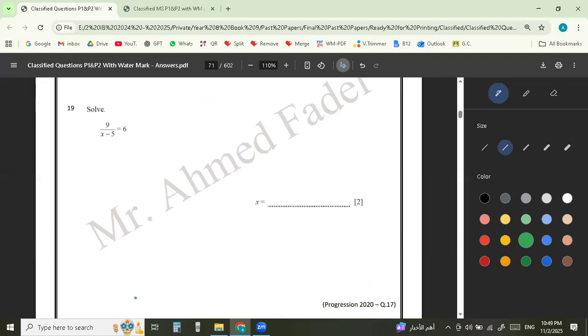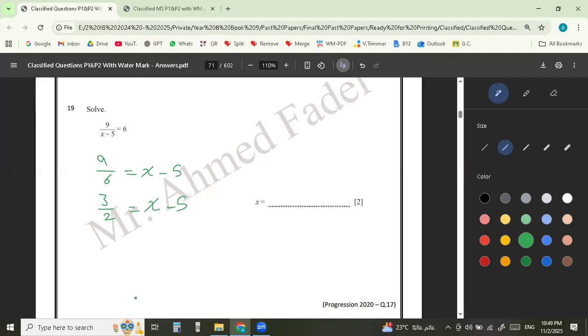Solve. Okay, we agreed if the variable is in the denominator, we're going to switch. So it is 9 over 6 equals x minus 5. Simplify. 9 divided by 3 is going to be 3 over 2 equals x minus 5. Oh, 3 over 2 as a decimal is what?